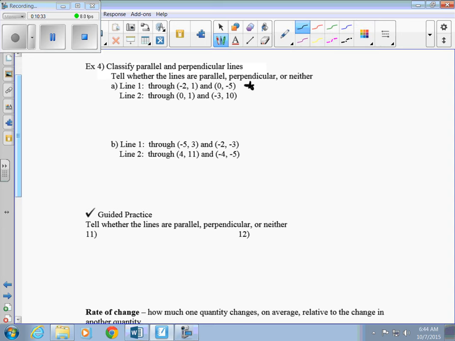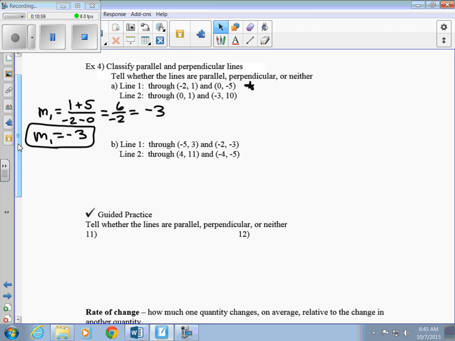So we are going to start with line 1. We're going to find the slope of line 1. And we do that exactly the same as we have been doing all day. So this is going to be 6 over -2, which means it has a slope of -3. So line 1 has a slope of -3.